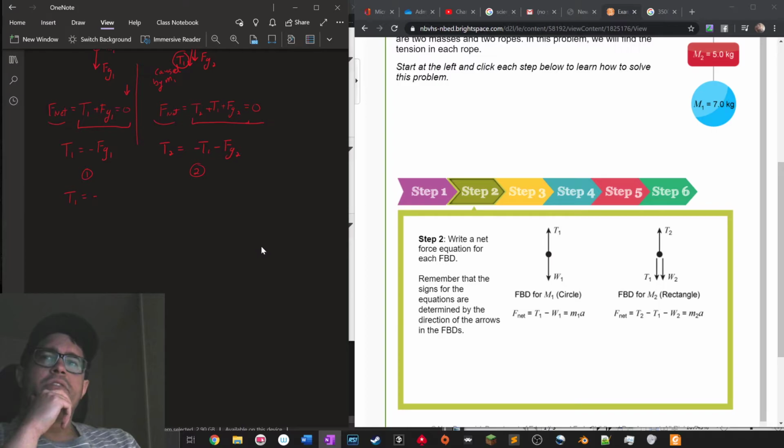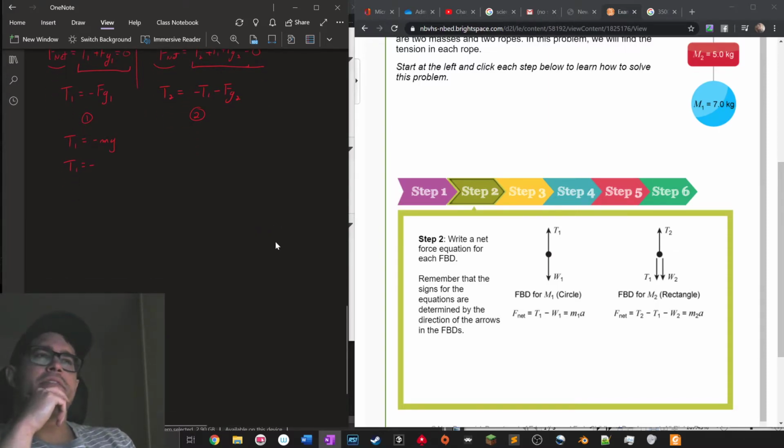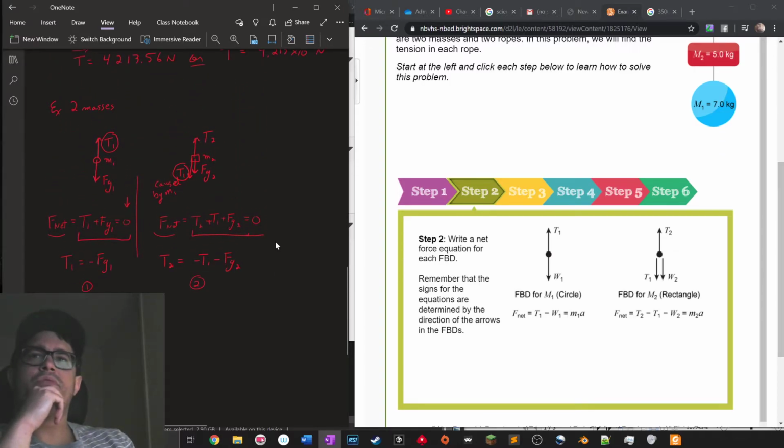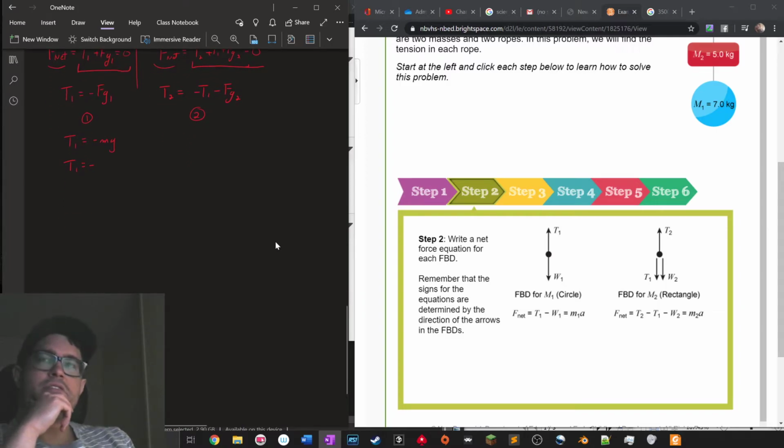So T1 minus mg, T1 will be equal to, this mass is 7 kilograms. I haven't written that anywhere, so this should be on your paper. Now, this really looks like physics. Congratulations. This is what you're here for. This is the real deal. So 7 times minus 9.81.